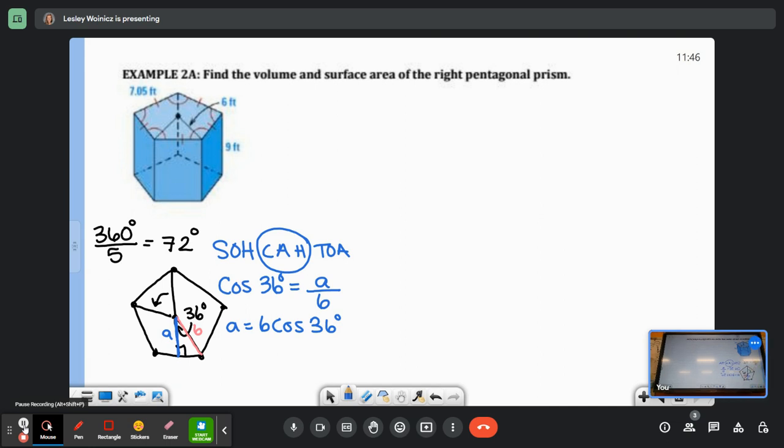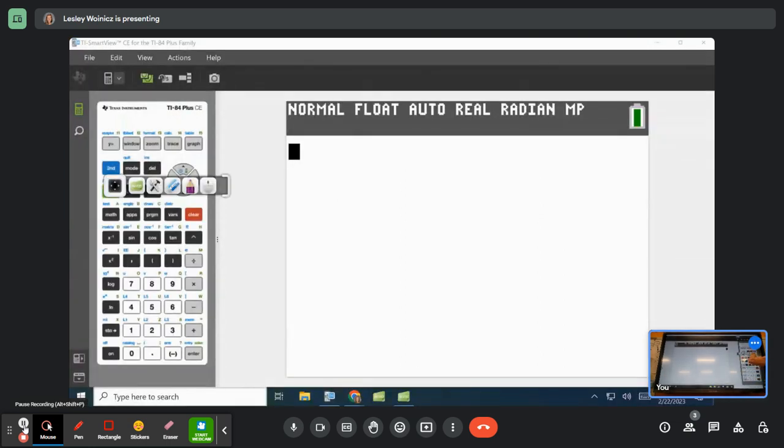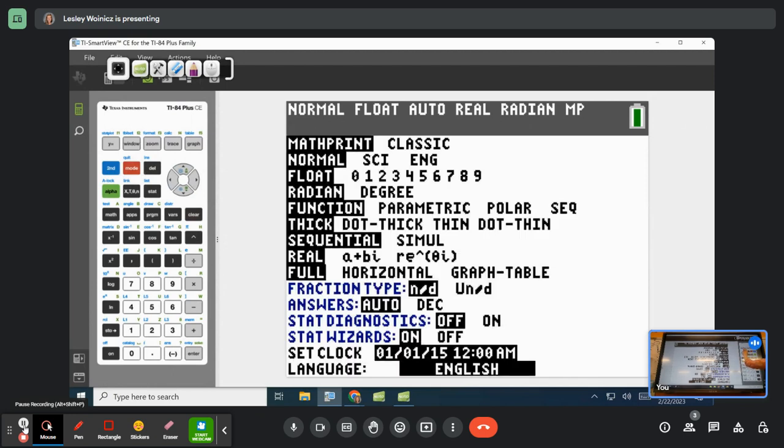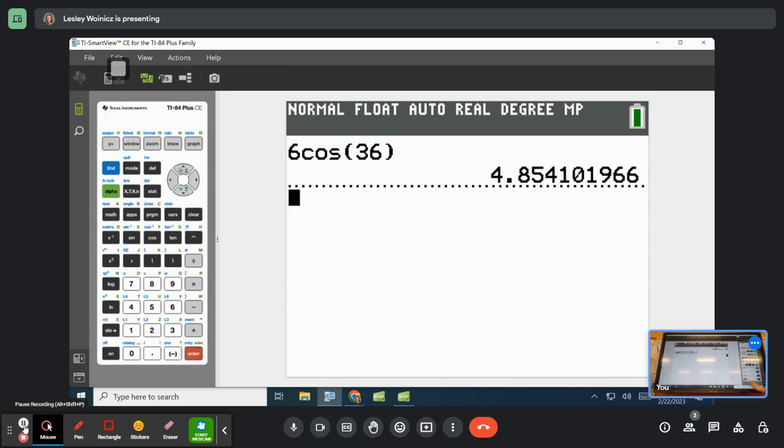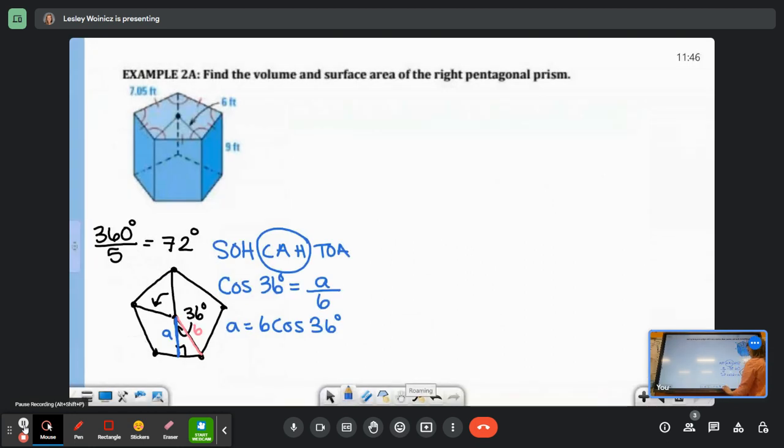Go to mode and make sure that you're in degrees. And then we want 6 times the cosine of 36 degrees. I'm getting 4.85 for my apothem.